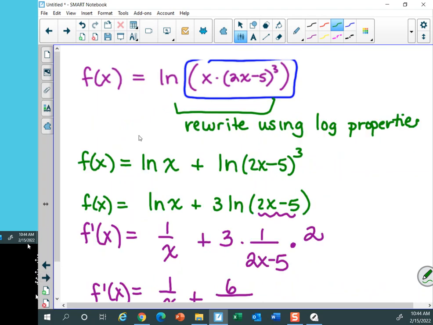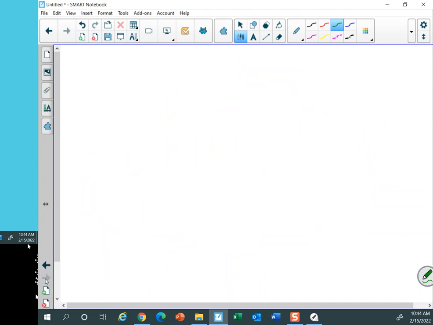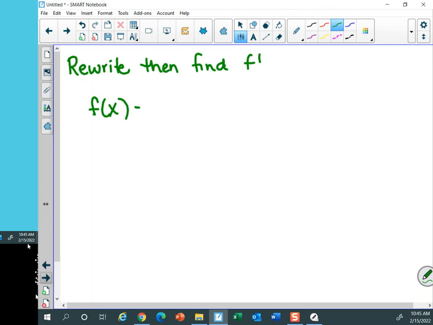All right, so let's do one more where I'm going to say rewrite me first and then take the derivative. I'm going to give you the heads up. Okay, so rewrite, then find f prime. Okay, and here's what I'm going to give you. The natural log of 3x minus 5 over the square root of, oh, I don't want a 4 there.